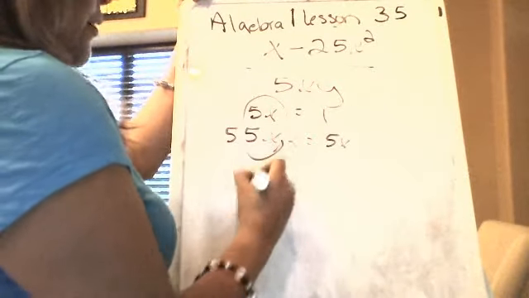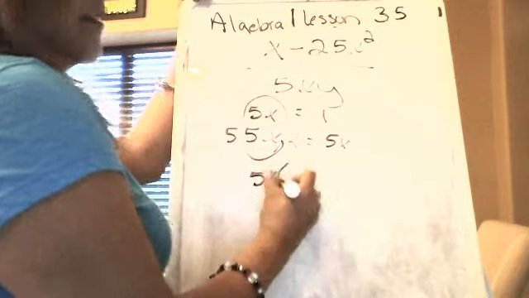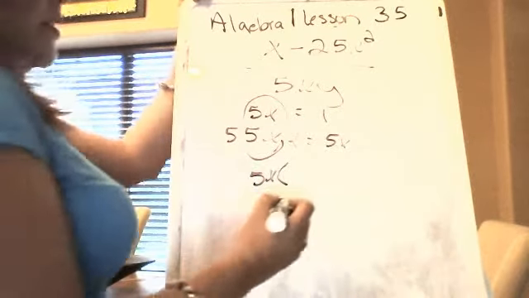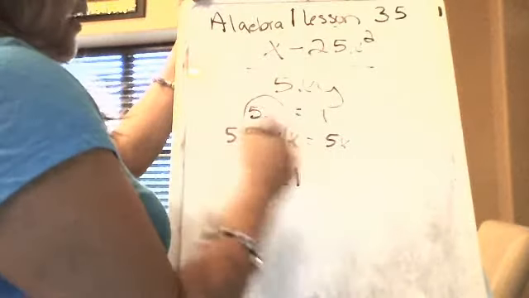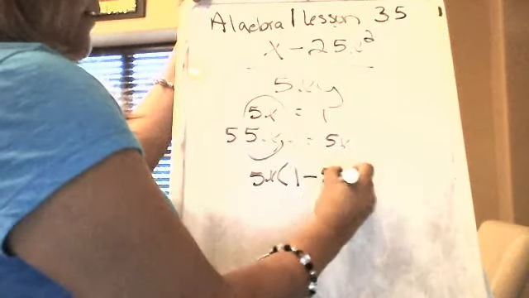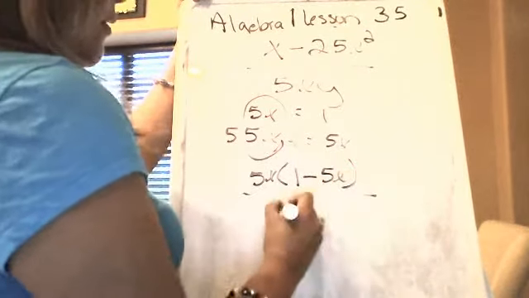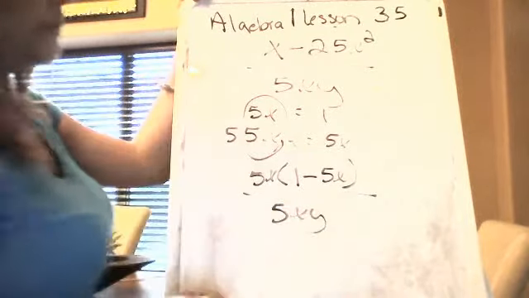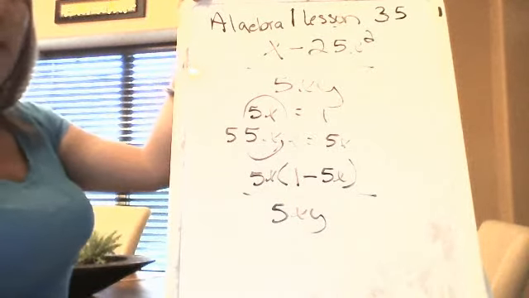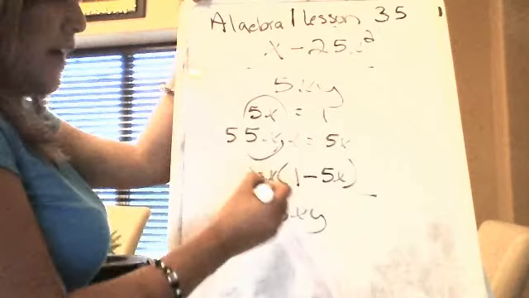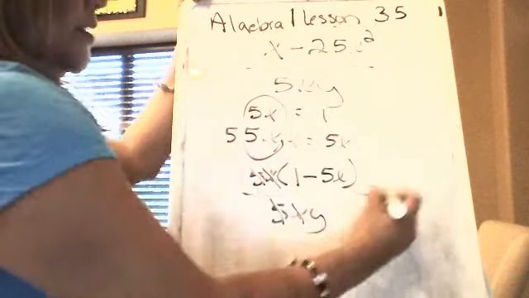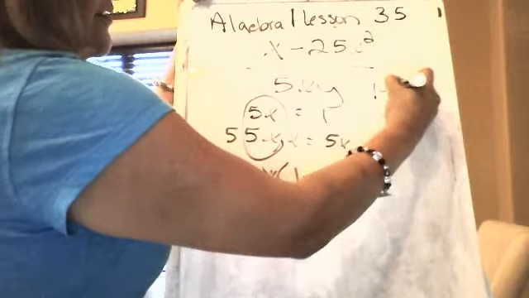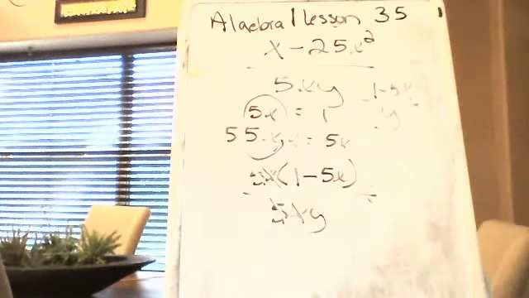So the greatest common factor is 5x times 1, and you keep this sign for the second term, minus 5x all over 5xy. Well, now that I have multiplication, this 5 divided by 5 reduces to 1, this x and this x reduce to 1. And I'm simply left with 1 minus 5x all over y as your answer.